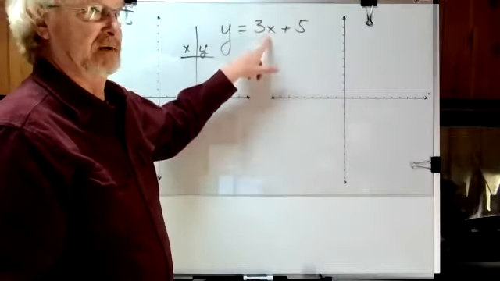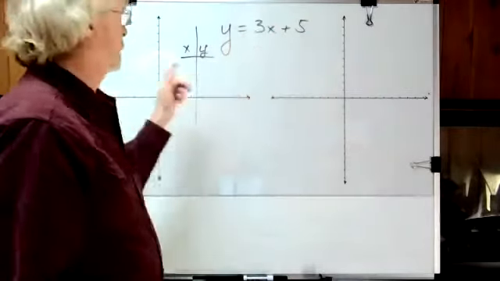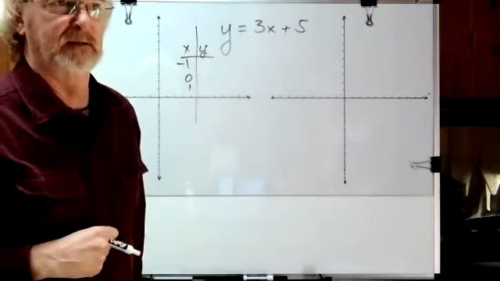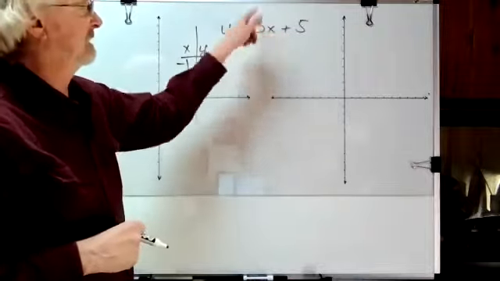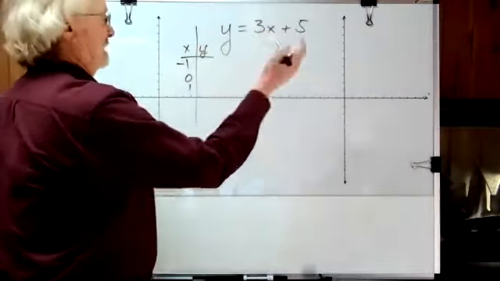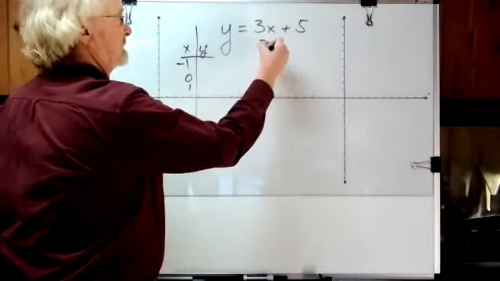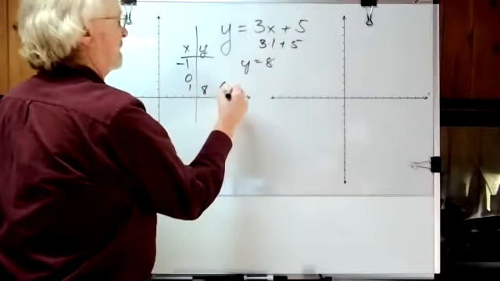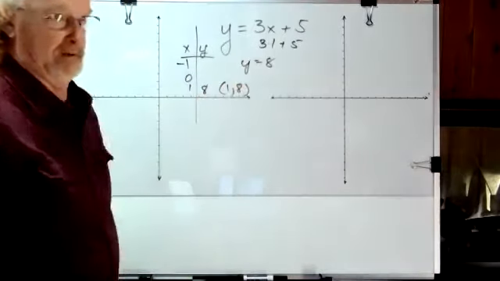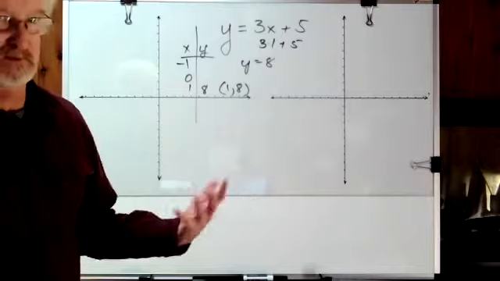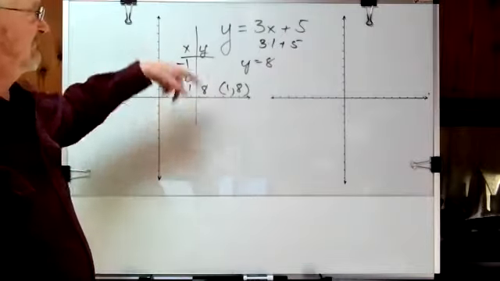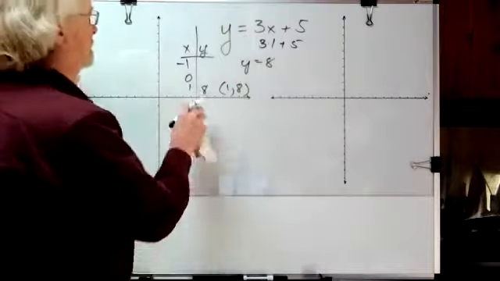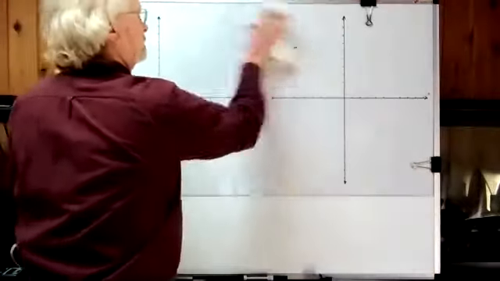Pick some nice x values and do the work and figure out what the y is. So, just some simple numbers like that to plug in for x and see what you get for the y. And just say if I put in a 1, I'd get 3 times 1 plus 5. I get y equals 8. That makes that an ordered pair solution. Right? That's one solution. So just being able to do that, pick some numbers that will go in there and that you can put in there and calculate the other value.